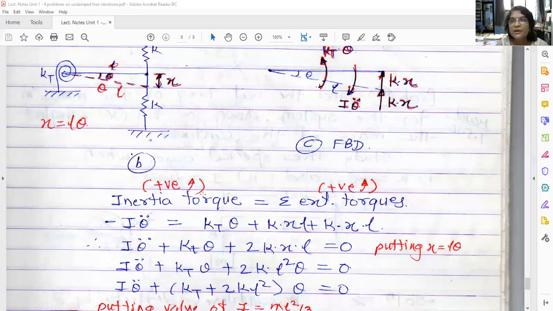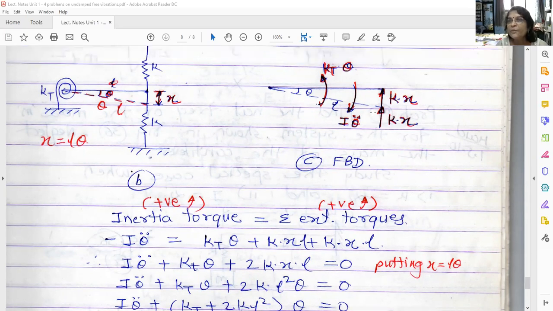Actually, in this problem I have assumed anti-clockwise positive. That means the clockwise inertia torque will have a negative sign. So minus I theta double dot is equal to, now our anti-clockwise is positive, so see what is the torque provided by this spring force Kx.